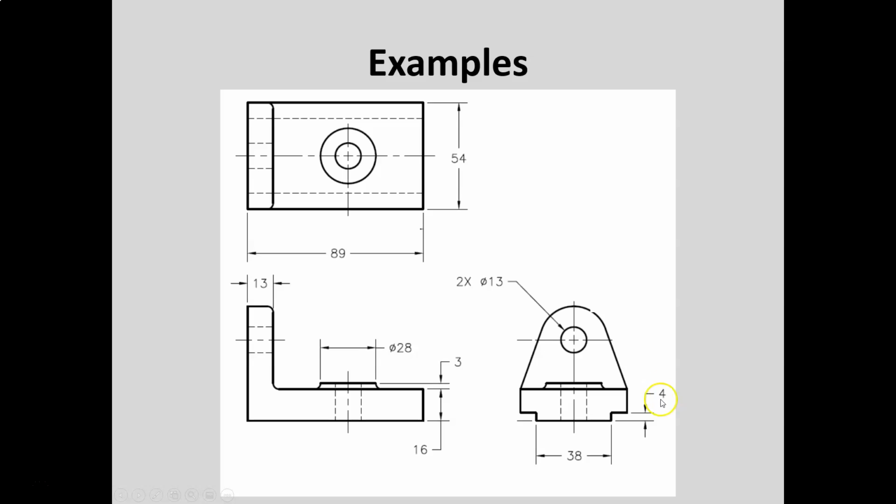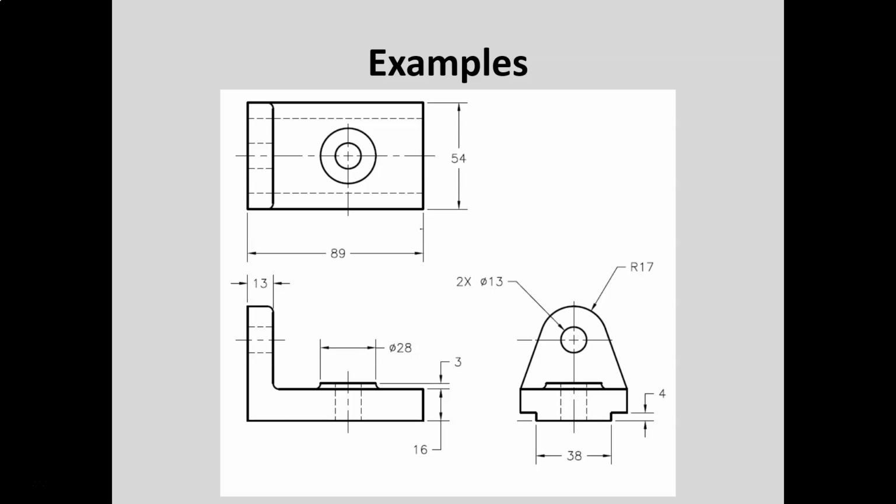It's 4 thick, 38 wide. And how long is it? 89. Okay? So those are the size dimensions. We're only missing one part here, and that is the size of this curve. And that's given with the radius. So those are all the size dimensions for this part.